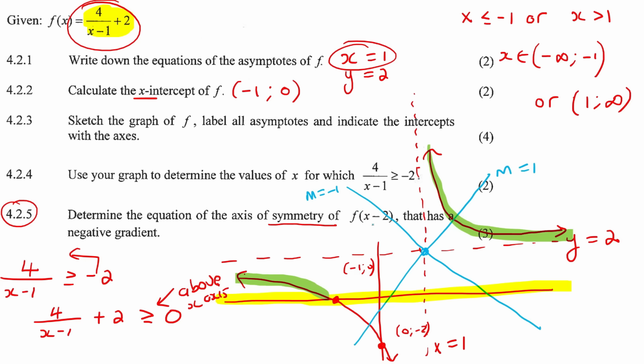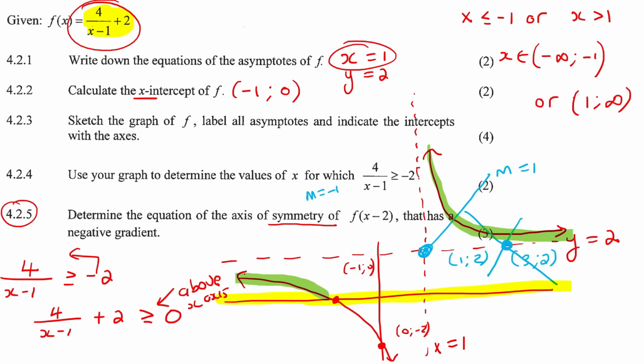So that means 2 places to the right. So if this point here has coordinates x is 1 and y is 2, what would those coordinates be if you move 2 places to the right? Well, then it would become 3 for the x value, but the y value will still be a 2. So we will rather use axes of symmetry going through there.